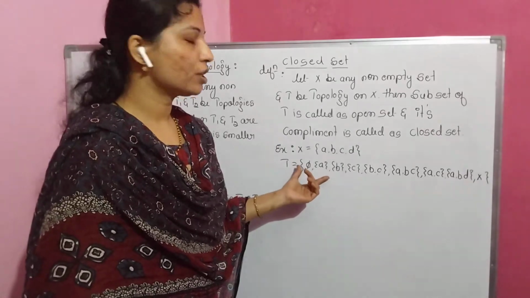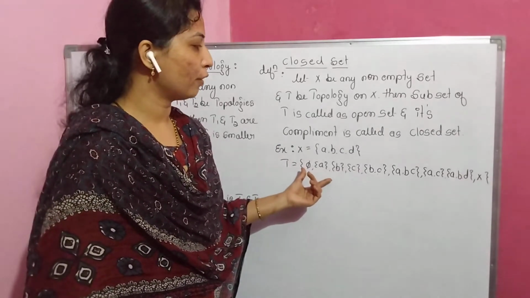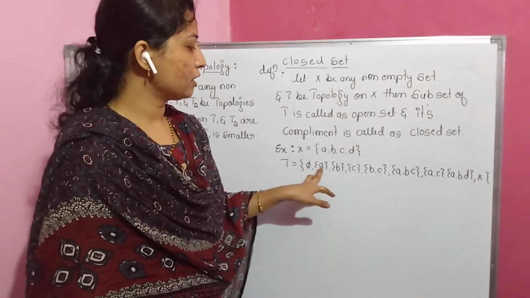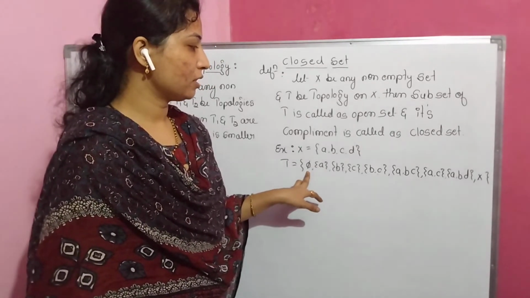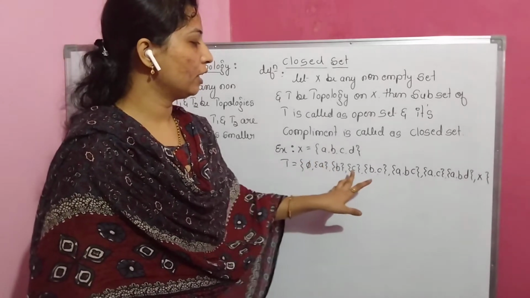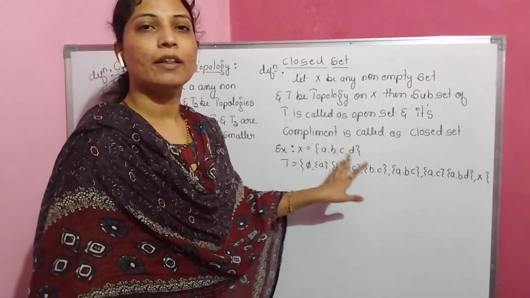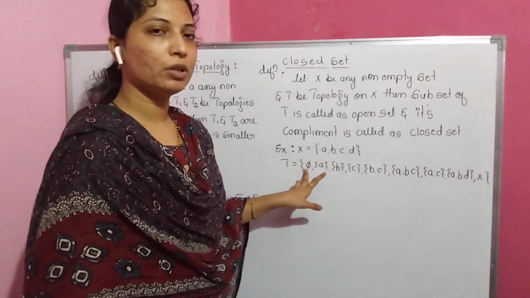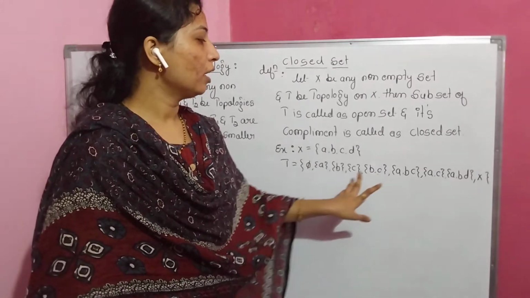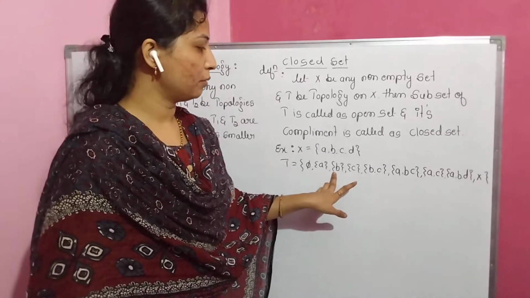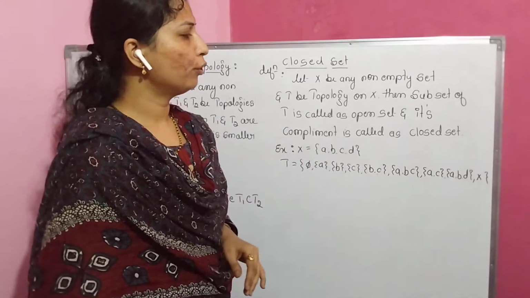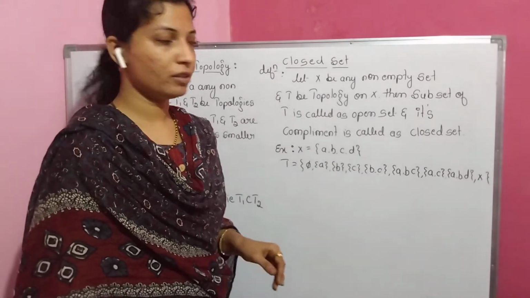The next, fourth condition: finite intersection of members of T is again a member of T. So finite intersection means the empty set intersection A, that is the empty set only. A intersection B is also the empty set, it is there in T. B intersection C is the empty set, it is also there in T. And similarly B intersection BC is nothing but the set B. This is also a member of T. Therefore all four conditions are satisfied.